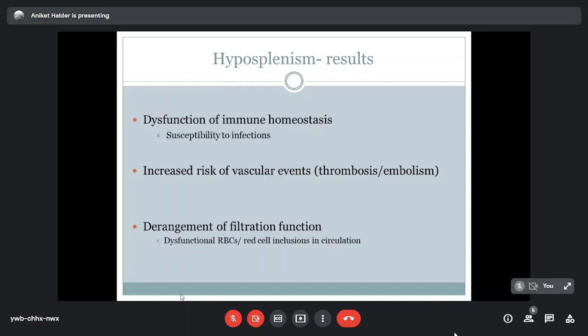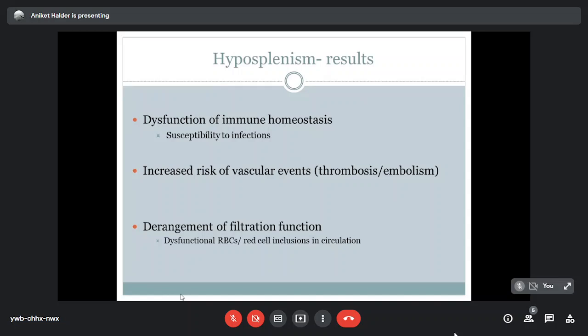There will be increased risk of vascular events like thrombosis and embolism. Why? Because of two causes. Firstly, as I had said, the spleen is the reservoir of different cellular components, mainly the platelets, and one third of the platelets are stored in the spleen.